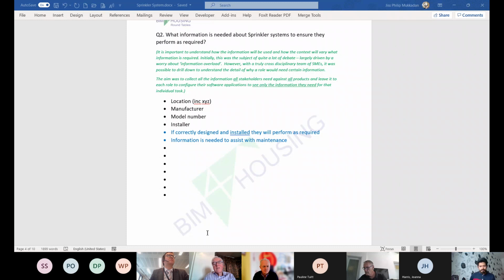Obviously, the location is quite an important thing, but also the things like height, width, depth. I don't know if that's relevant to a sprinkler system. Maybe what the size of the fittings are and things like that. And also what material they're manufactured from.